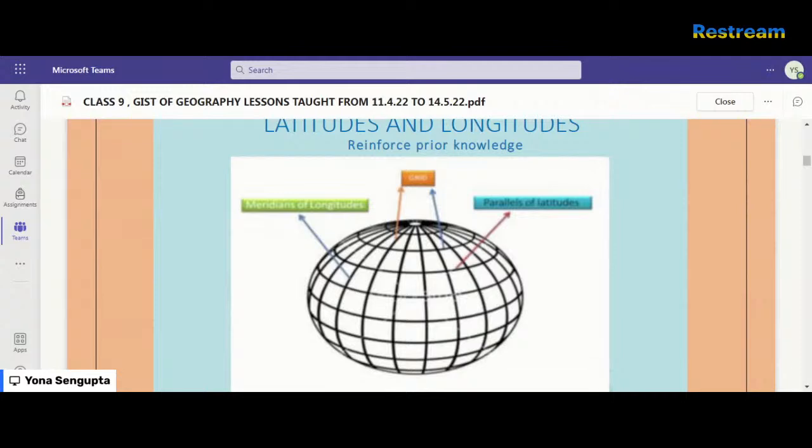So I think we very well understood where India lies, what the horizontal coordinate is, what the vertical coordinate is, and many more.